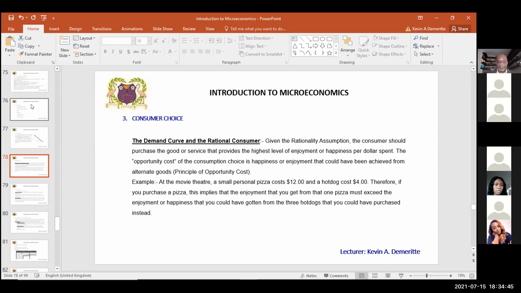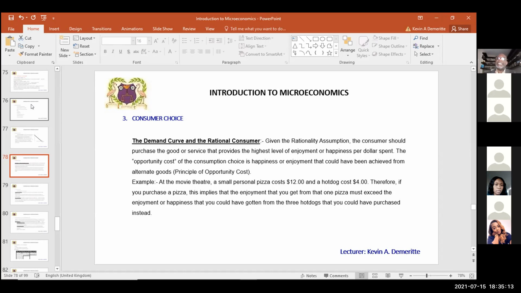you have a movie date. So COVID is over and you've gone back to that place on top of the hill. You want a small personal pizza, and that personal pizza is going to cost you or whomever happens to be your date $12. And I'm not arguing with whether the price is high or not. It's $12. If you don't want it, don't buy it. Pizza's $12. A hot dog is going to cost $4.